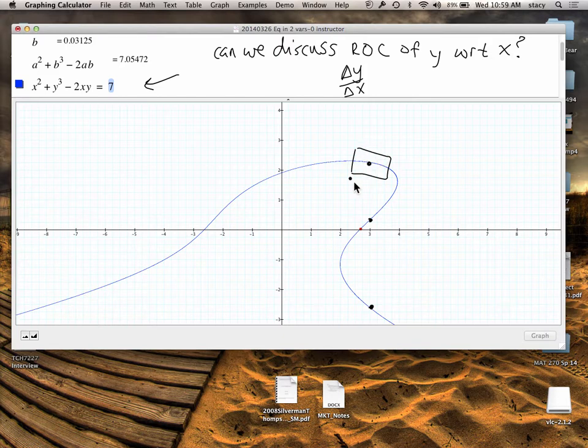So if I choose this point in this box, how might I investigate the rate of change of y with respect to x around this point? Yes. Restrict the range.